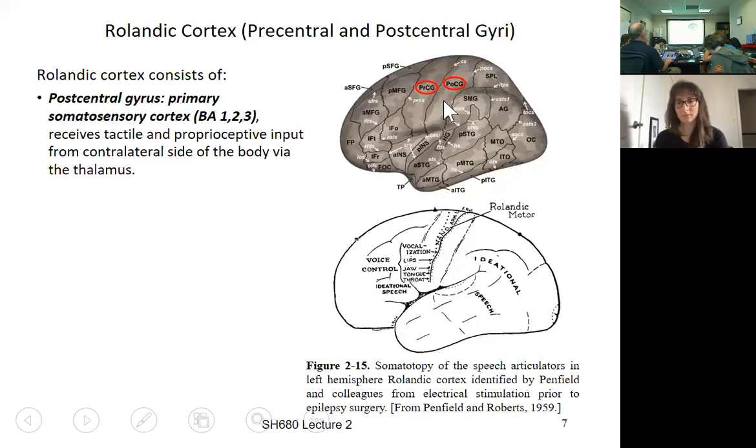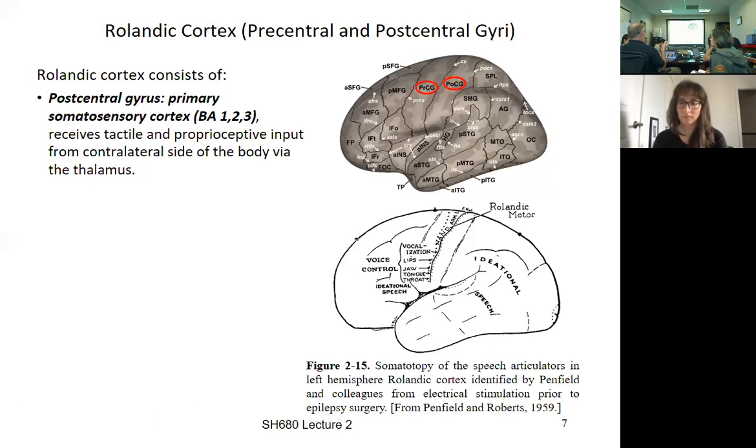And actually in here, there's also a secondary somatosensory cortex some people talk about. Sometimes this bottom part is separated off of the postcentral gyrus. It's called the operculum, in this case the parietal operculum or Rolandic operculum. That cortex is sometimes considered a higher order somatosensory cortical area, but usually everybody just thinks of this as primary somatosensory cortex.